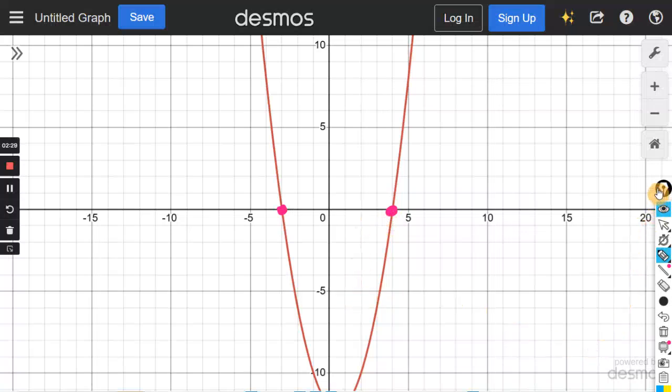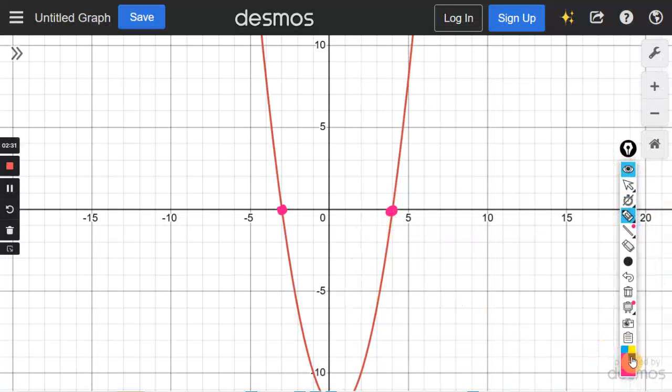And then what we're going to do is plug in points in between the zeros to see where the graph is negative or positive. If it's negative, it's below the x-axis. If it's positive, it's above. So if I plug in a point in between these 2 points and I get a negative, that means the graph is below the x-axis in this section here.